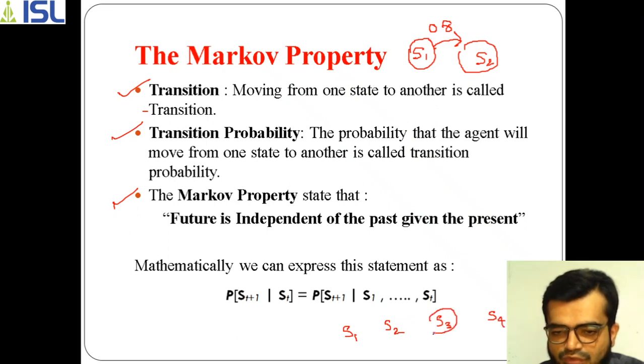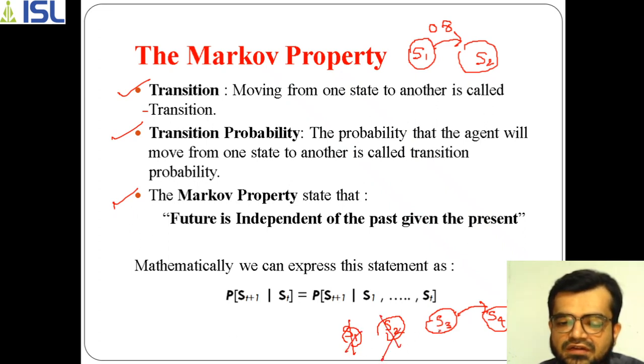If an agent is moving from S3 to S4, it doesn't concentrate on the previous states. It won't concentrate on S1 or S2. It will just concentrate on S3, that means the current state is responsible. So the future is independent of the past.